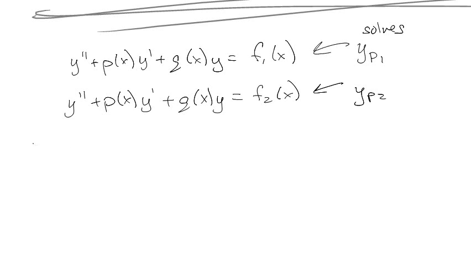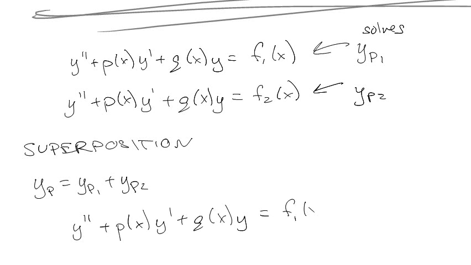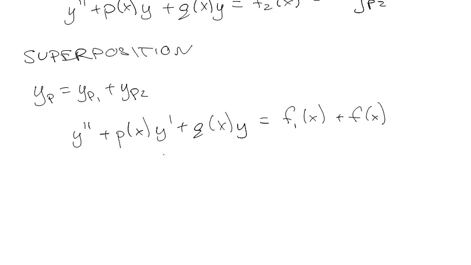There's a theorem called superposition. The theorem of superposition says that if yp1 solves the first one and yp2 solves the second one, then basically I can add them together and get a solution for this version. And this really shouldn't come as a shock at all, because the same thing happens if I do a double derivative of this guy and plug him in.